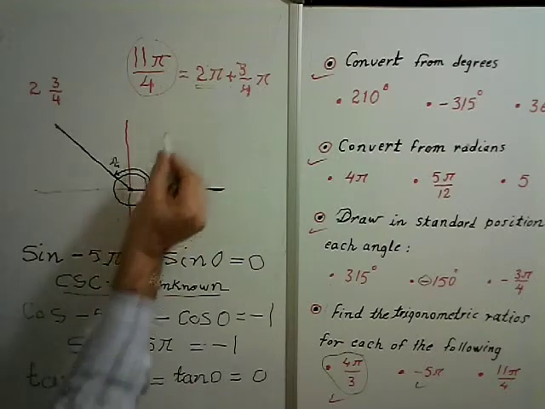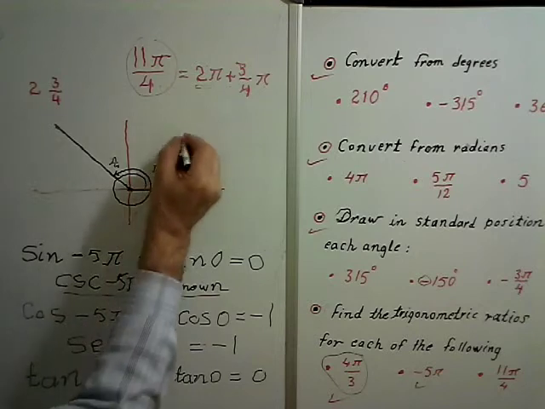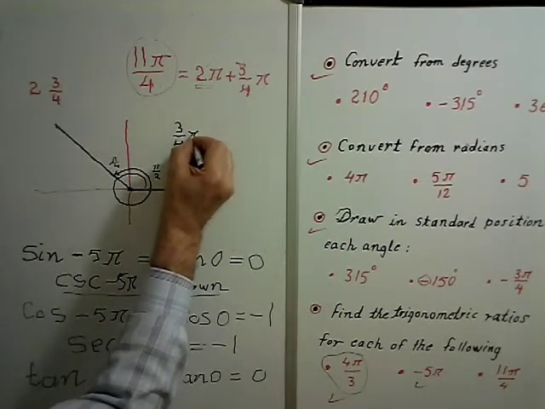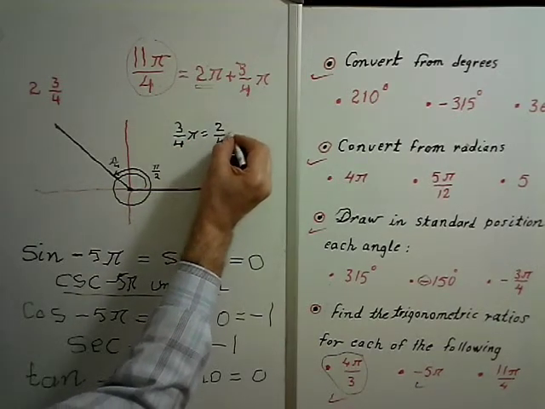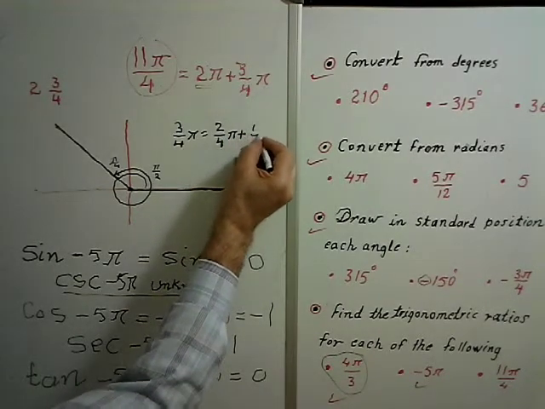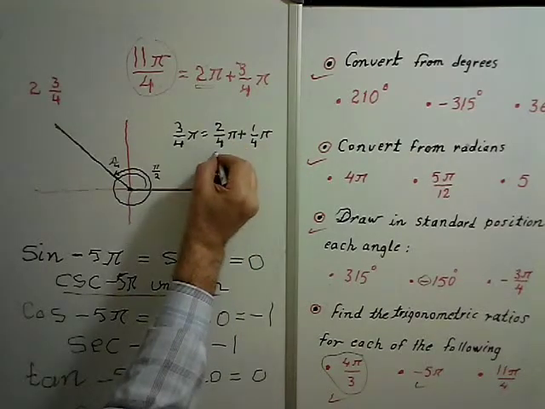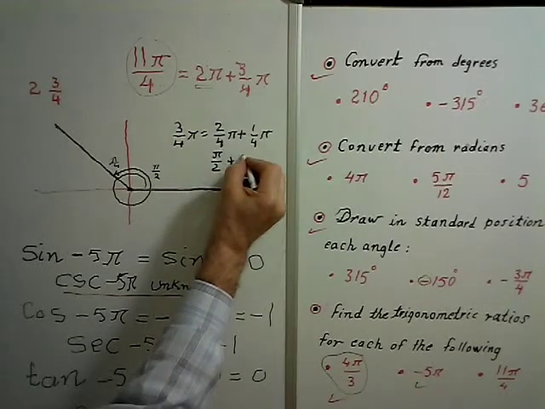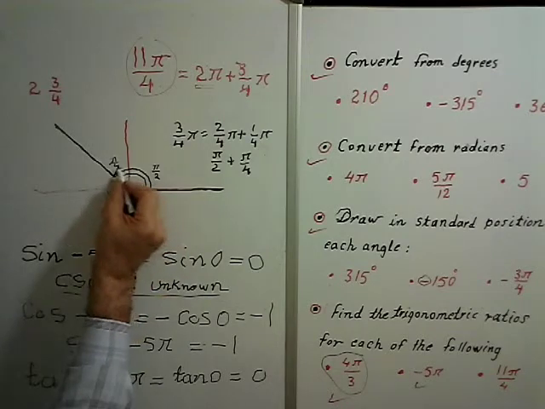So the total will be 3 over 4 pi, because if you want to split it, it will be 2 over 4 pi plus 1 over 4 pi. This means pi over 2, and this means pi over 4, which is these two together.